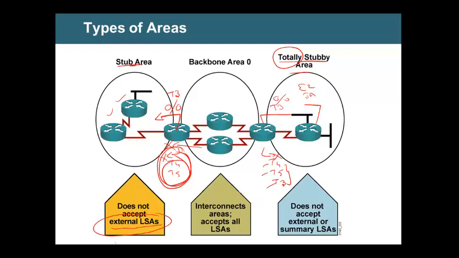As usual, the ABR is going to generate a default route as a type 3 LSA and give it to the inside routers. So using the default route, the inside routers can now reach other areas as well as external.